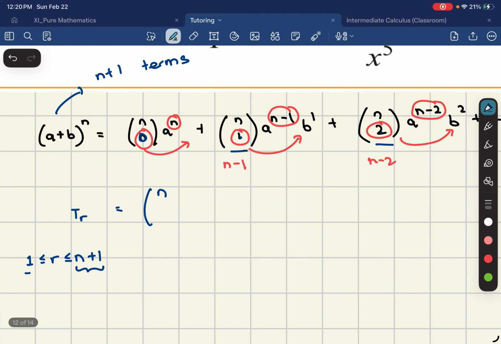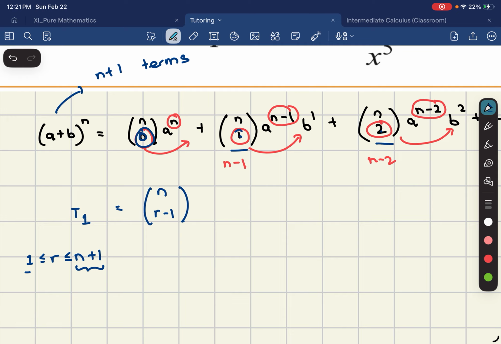So TR is going to be, we are selecting from n because our n is the power. And here we have r minus 1. Why? If we want the first term, if r is 1, then it's 0 here. If we want the second term, it's 1 here. If we want the third term, it's 2 here.